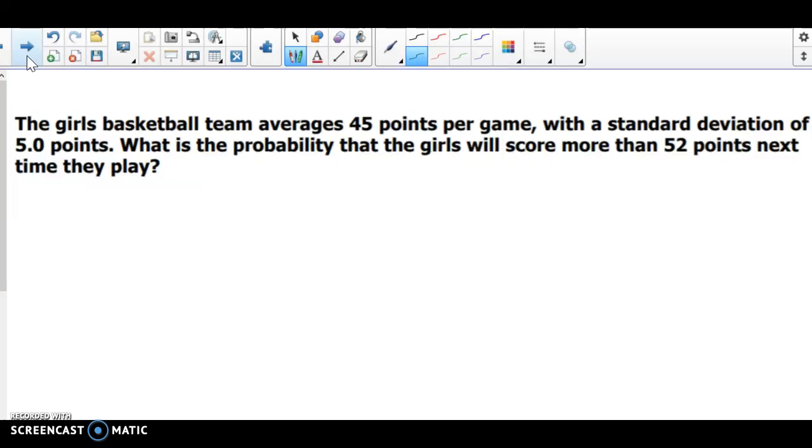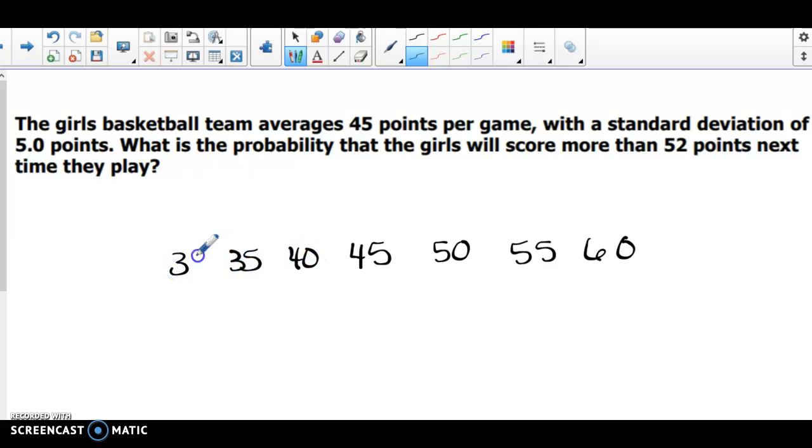Girls basketball team averages 45 points per game. So I've got 45 with a standard deviation of 5. So that's 50, 55, and 60. Then I go down, so that's 40, 35, and 30. Okay, and I want to know 52 points.